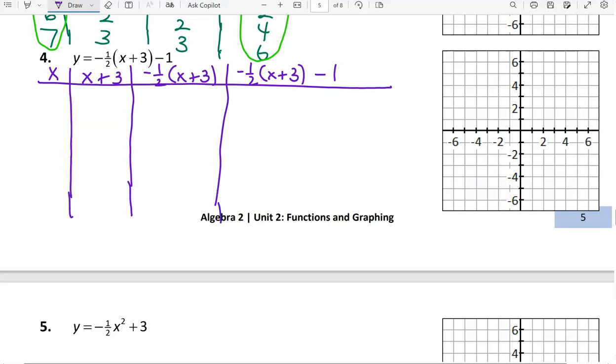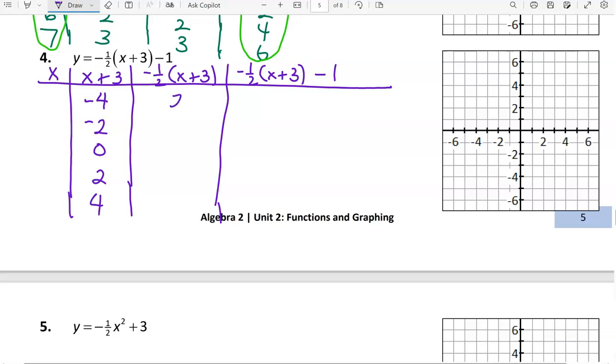And the numbers that we will multiply by -1/2 are the x plus 3 column. So those need to be multiples of 2. So let's plug in a few multiples of 2, -4, -2, 0, 2, 4, and see what happens.